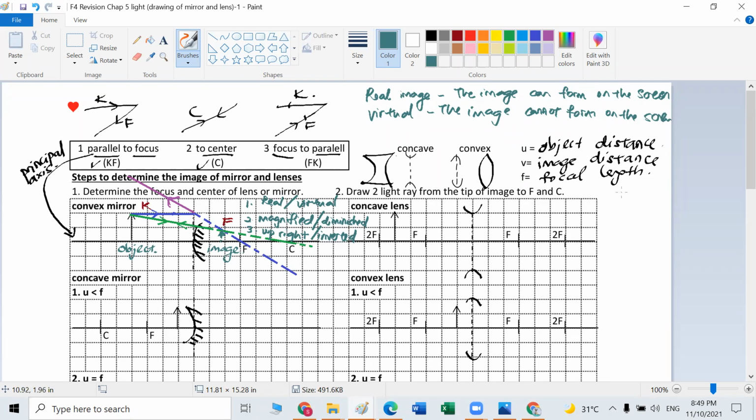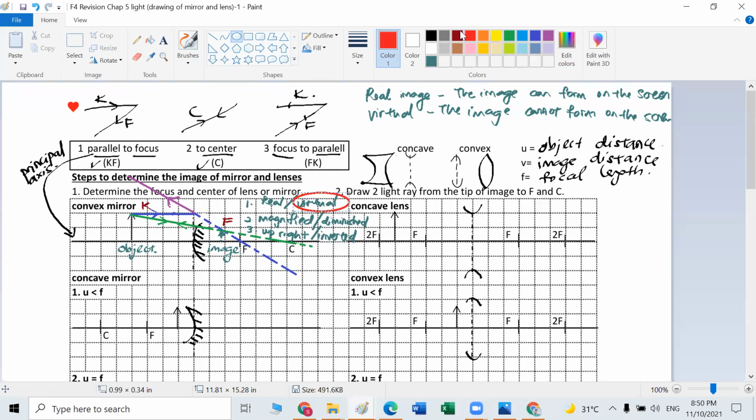Okay, so our projector can project the image on the screen, on the whiteboard, but the image inside the mirror cannot be posted on the screen. So for this one, we say it is virtual.